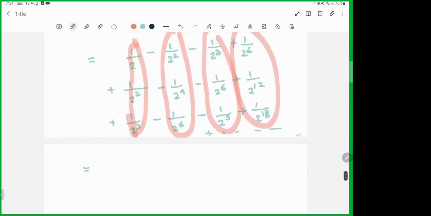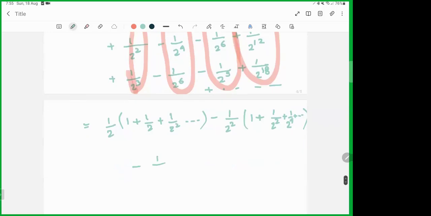For the sum of a GP, you take 1 by 2 common out, then this will be a GP of the form 1 plus 1 by 2 plus 1 by 2 square and so on. Similarly, in the second term, you take 1 by 2 square common out, so this will be a GP of the form 1 plus 1 by 2 square plus so on.